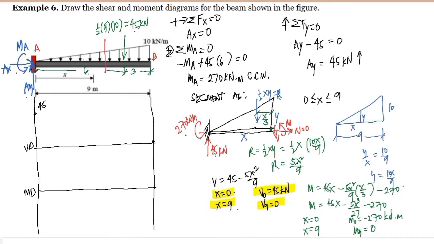And we now decide for the curvature of our shear diagram. Since we have here the degree 1 curve sa ating load diagram, we are expecting a degree 2 curve dito sa ating shear diagram. Now, the question is, is it concave downward or concave upward?